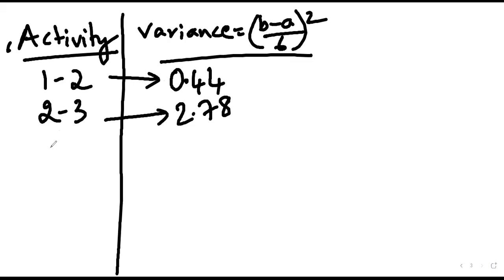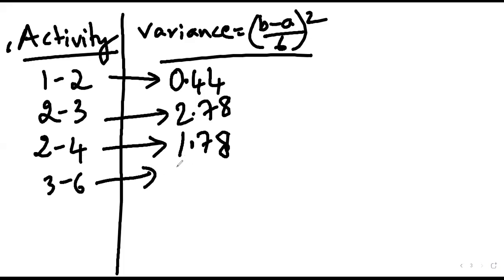The next step, 2-4. 1.78. How much? 1.78. 3-6. 2.78. 3-5.